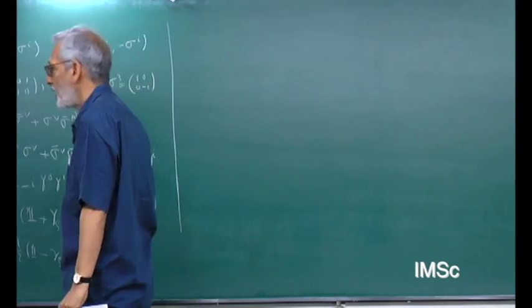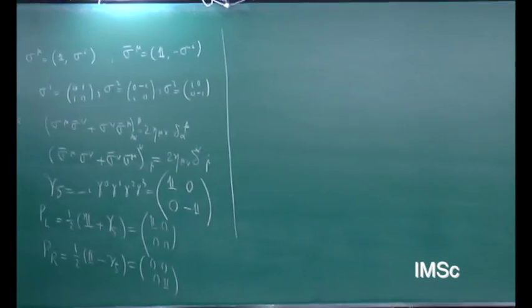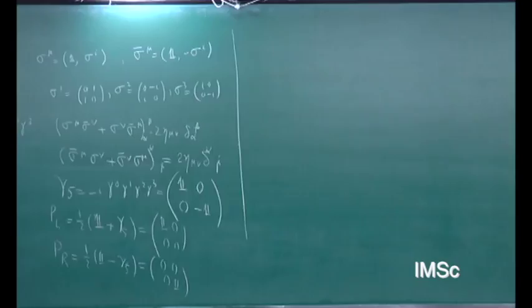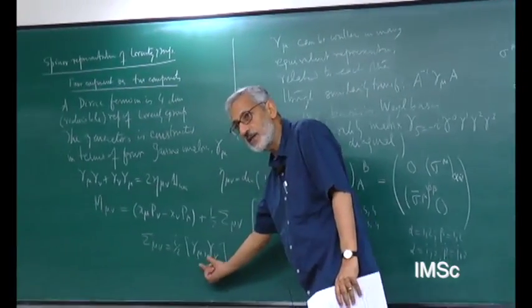Now, what happens to the Lorentz generators, the sigma mu nu's?